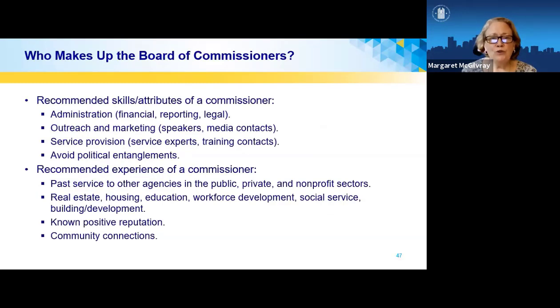Although commissioners are selected and appointed in almost all cases by the local elected officials, we wanted to talk a little bit about the makeup of the board and best practices around that. We have seen that PHAs really benefit from having commissioners with a range of experience and a range of skills under their belt.